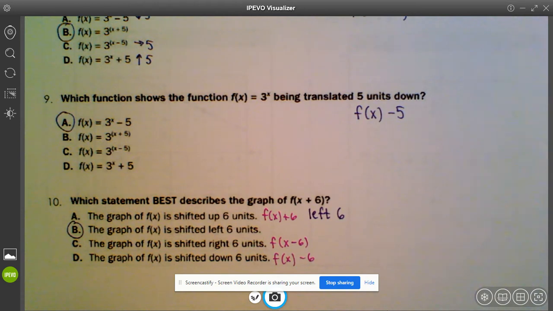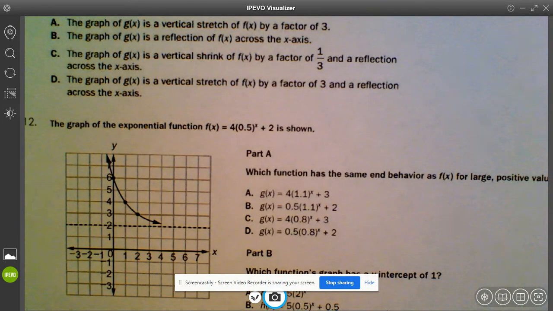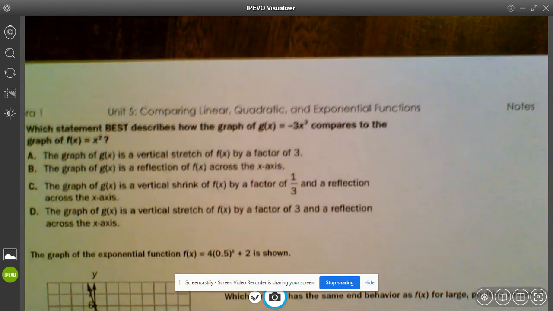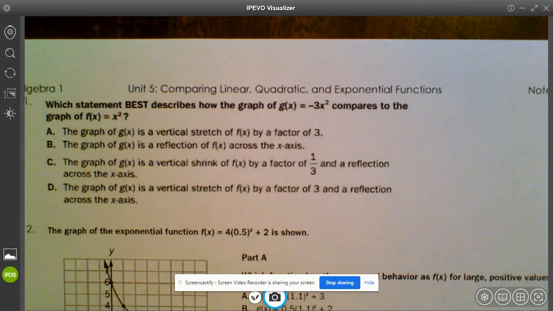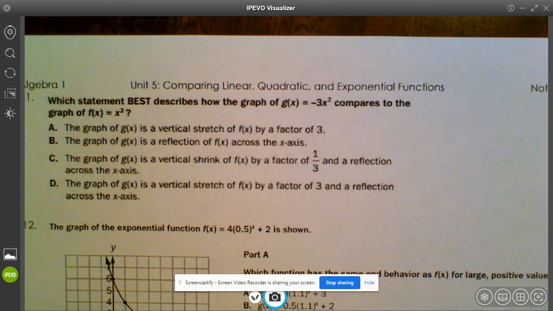All right, so let's look at this last page. Which statement best describes how the graph of g of x equals negative 3x squared compares to the graph of f of x equals x squared? Well, there's some math, some operations happening.